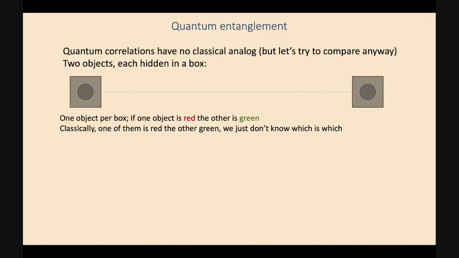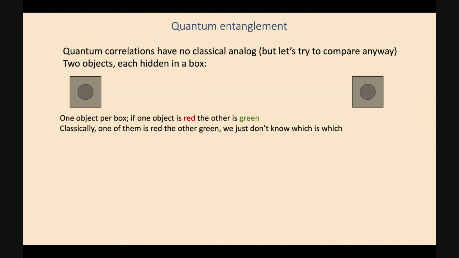So you can think of having classically two objects, each hidden inside a box. And you can create this state in a way that these two boxes are classically correlated. So for example, you could put a red object inside one box and a green object inside the other. And there's some probability, let's say 50-50, that the left one is red and the right one is green, or vice versa.